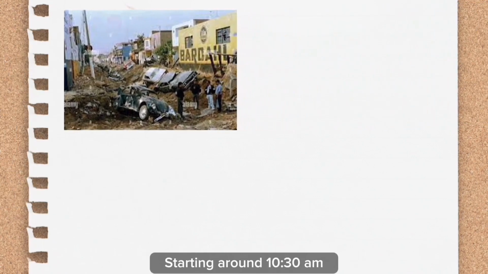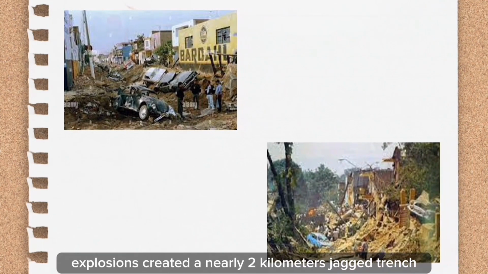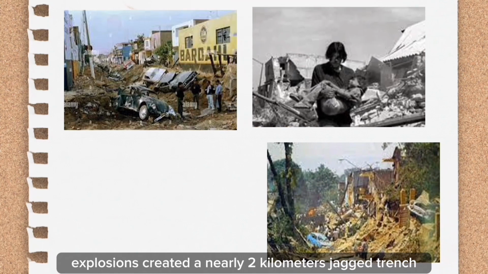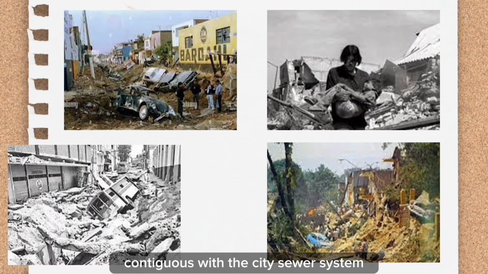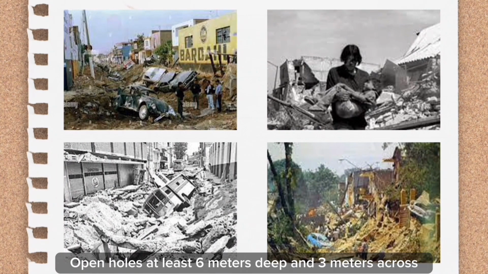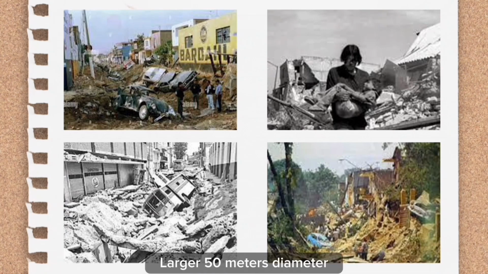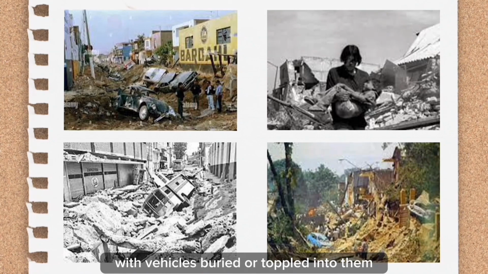Starting around 10:30 a.m., explosions created a nearly 2 kilometer jagged trench, contiguous with the city sewer system. Open holes, at least 6 meters deep and 3 meters across, formed. Larger 50 meter diameter craters were evident in multiple locations, with vehicles buried or toppling into them.